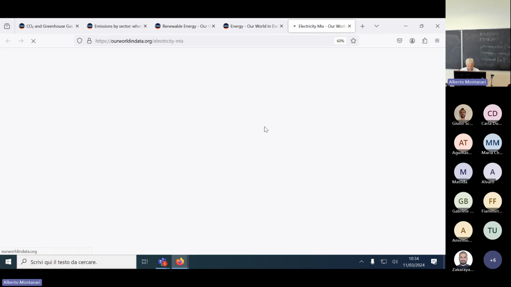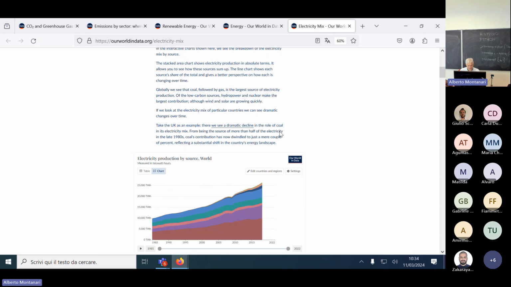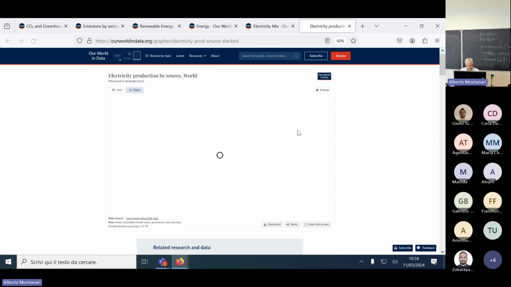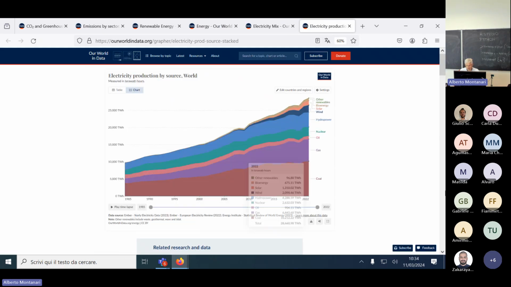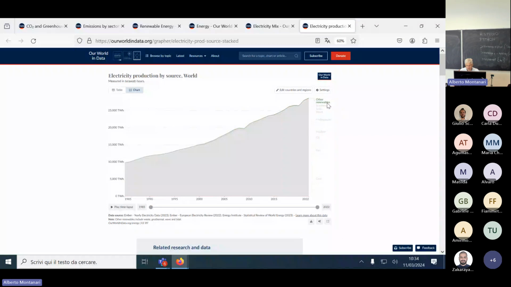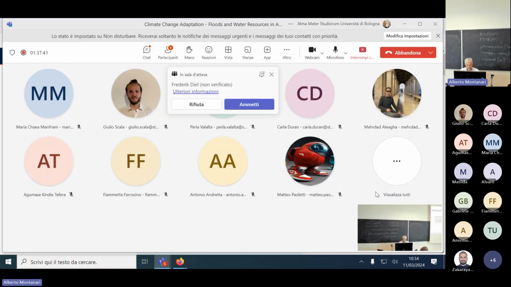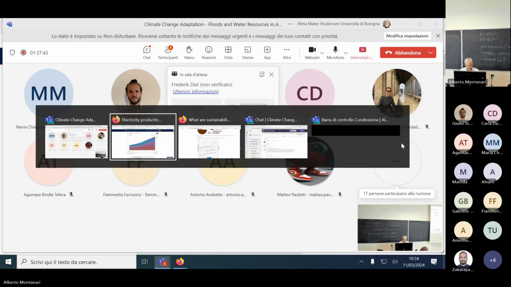I think it should be this one. Okay, here you can see where electricity is coming from, and here you can see the contribution of renewables, and unfortunately it is still very small.